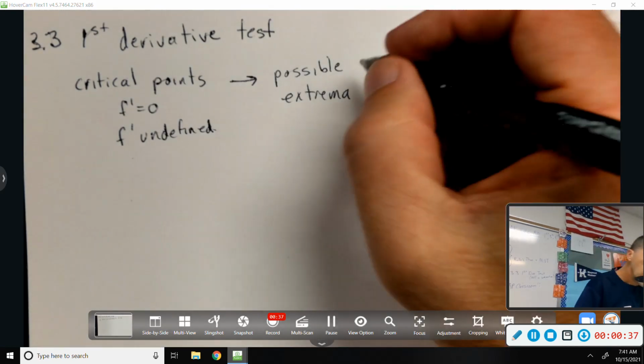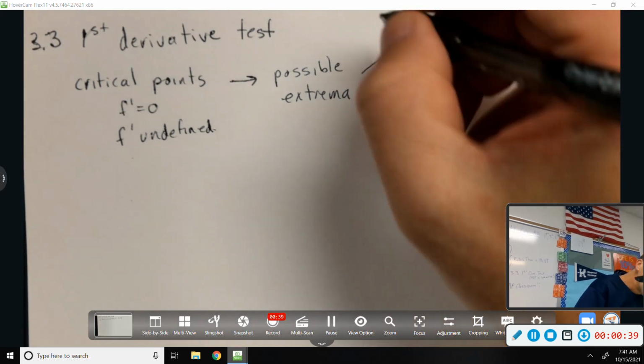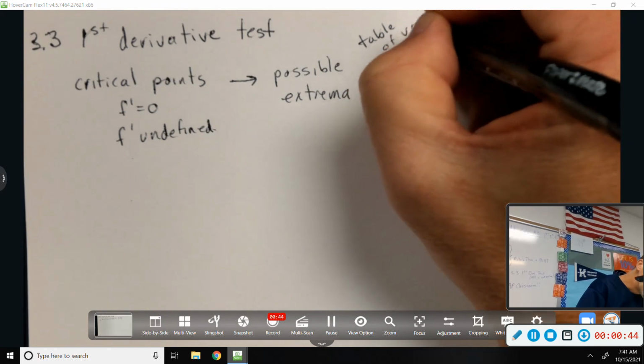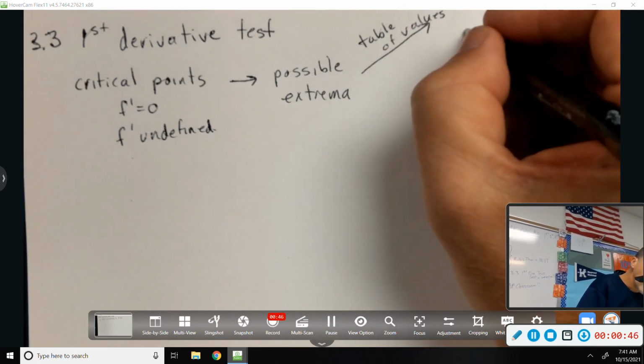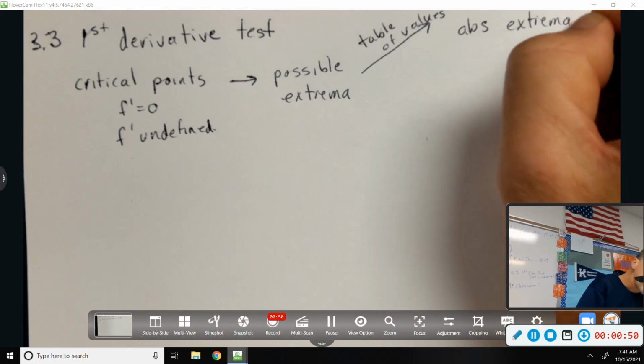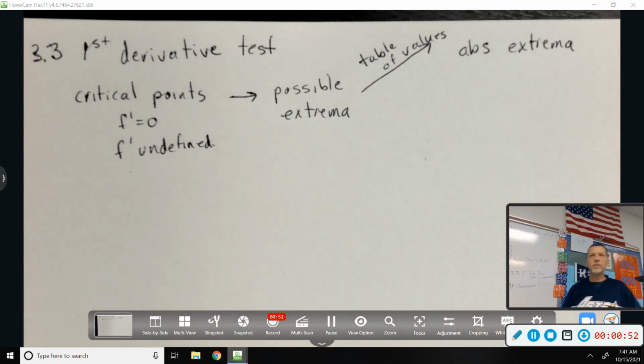On Monday, and on the quiz on Monday, we used a table of values to find the absolute extrema. Right? Whichever y value is the biggest is the max, whichever is the smallest is the min.